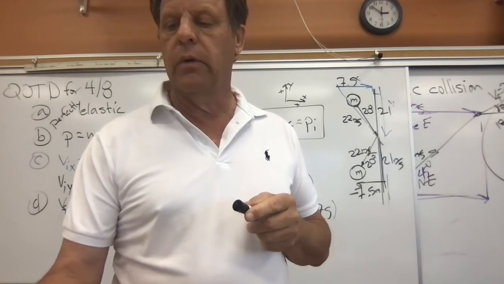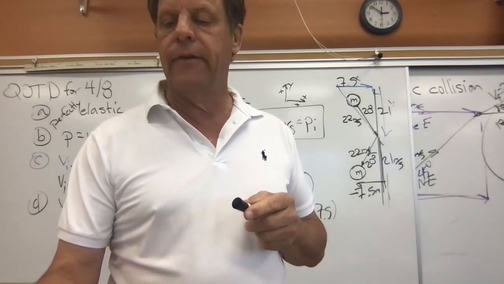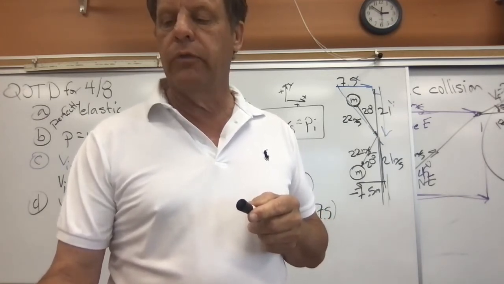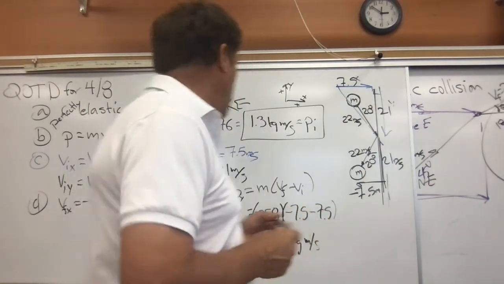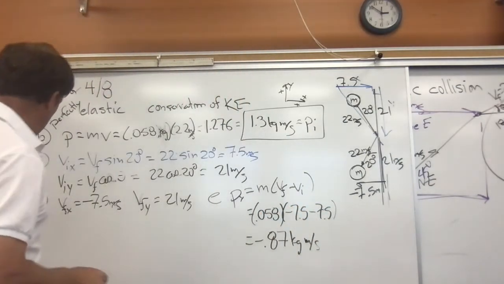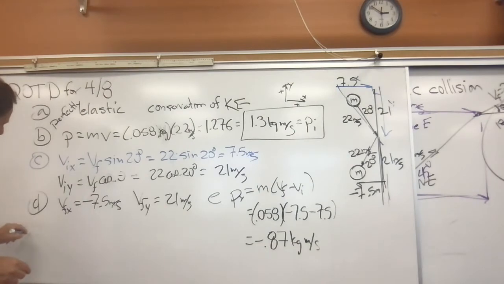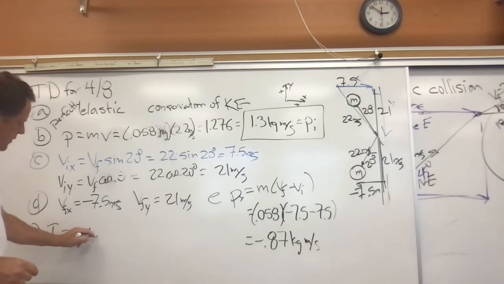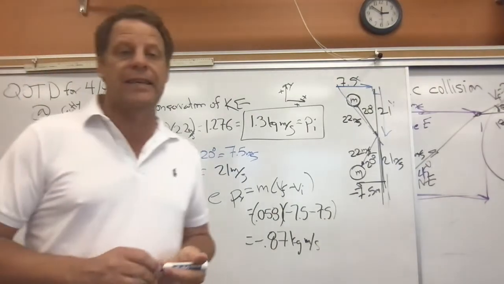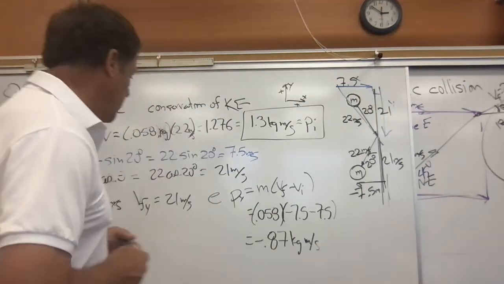All right, so part F, calculate the impulse of the wall on the ball. Okay, so impulse is equal to the mass times the change in velocity, or just the change in momentum.